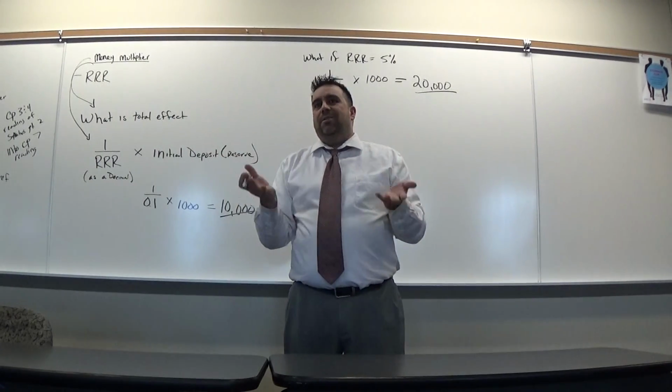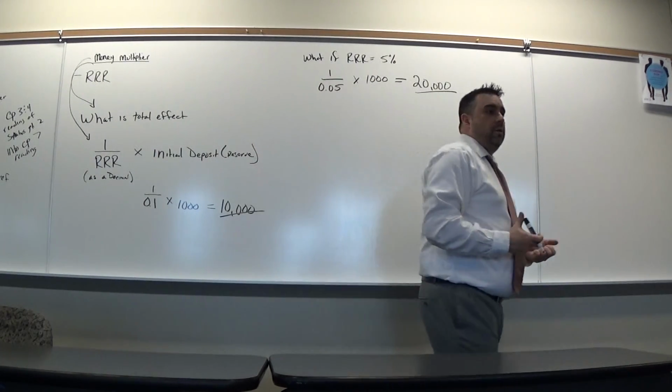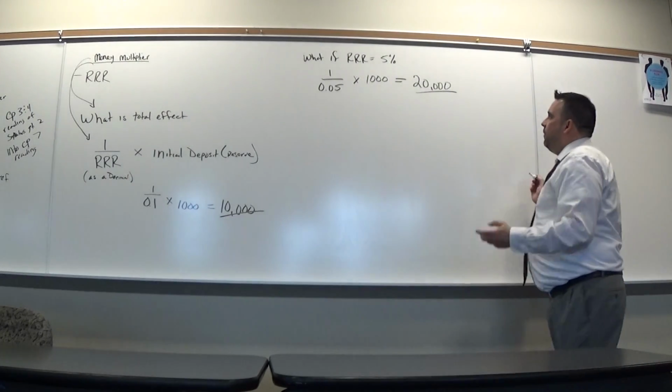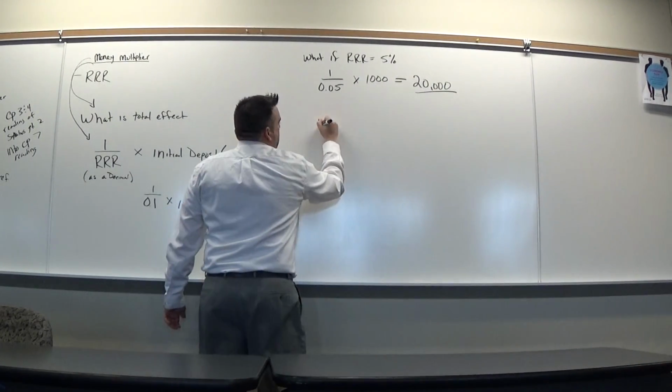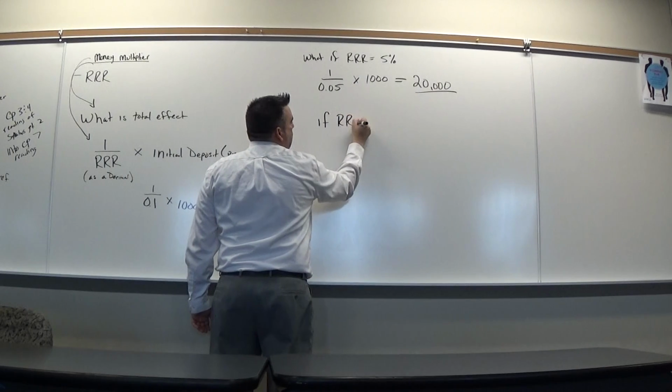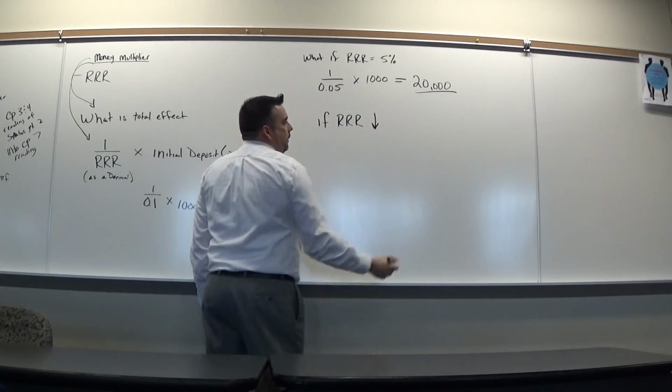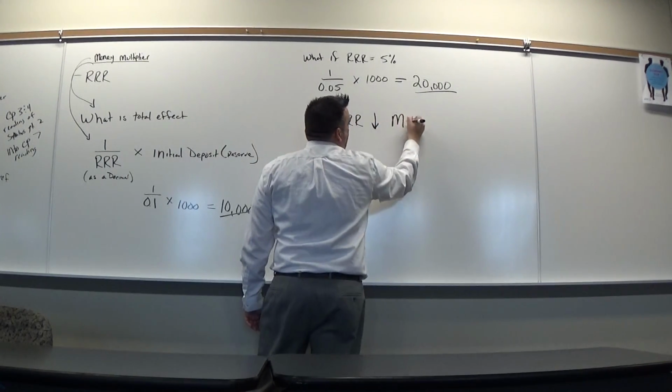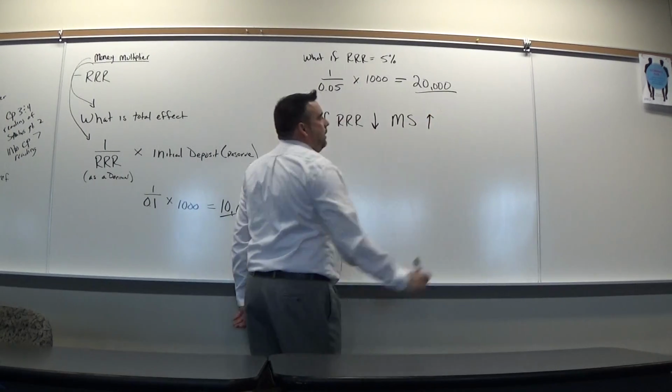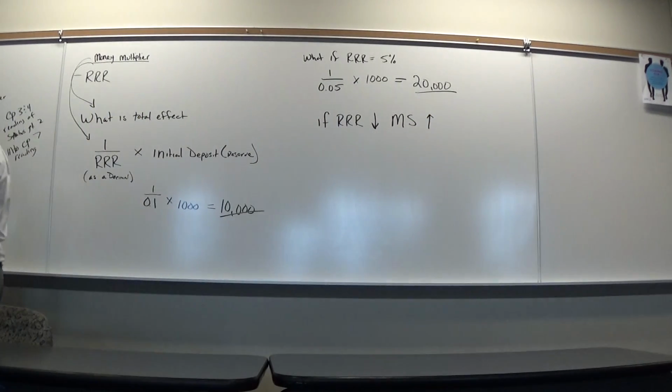So effectively, it appears as if we have a greater supply of money in society. So what did we see? We see that if the RRR falls, money supply increases. There is more money available for transactions.